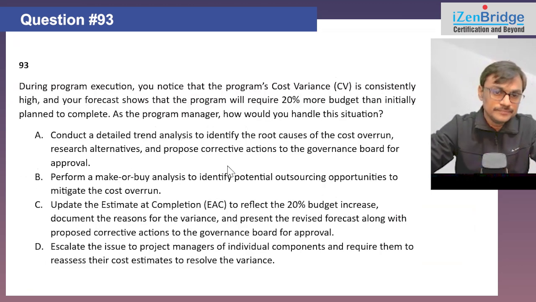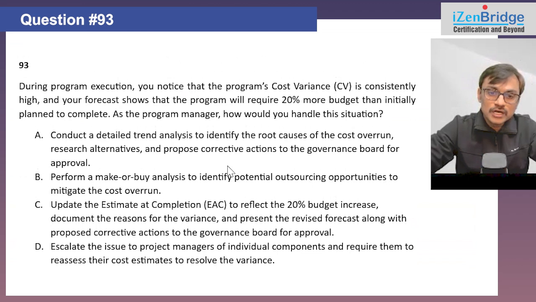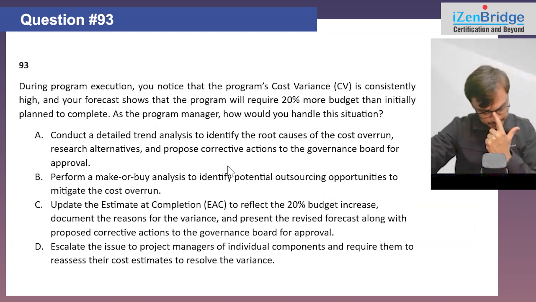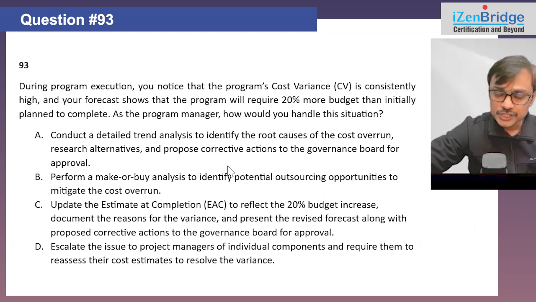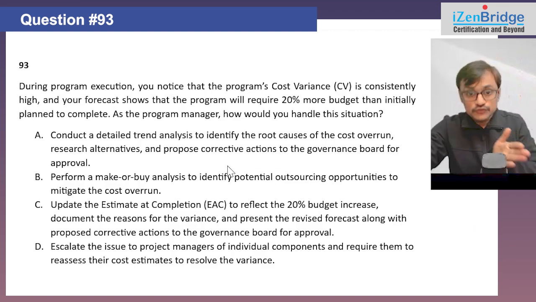Question number 93. During a program execution, you notice that the program's cost variance is consistently high, and your forecast shows that the program will require 20% more budget than initially planned to complete. As a program manager, how would you handle this situation? So what the question is showing is that you have done the analysis of the program performance and there is a cost variance, and you projected this further.